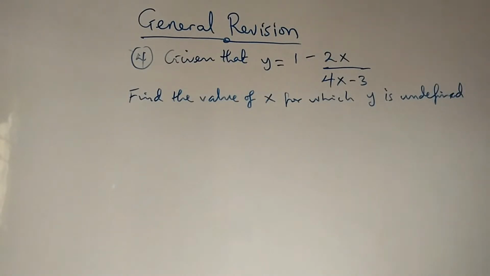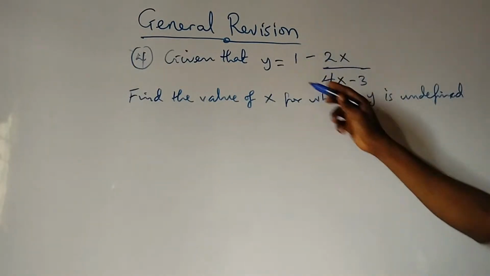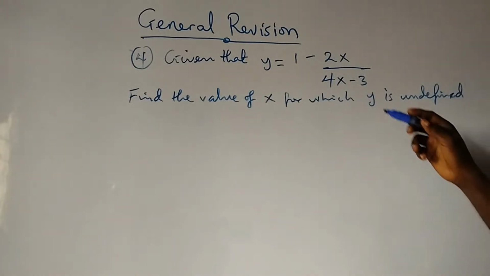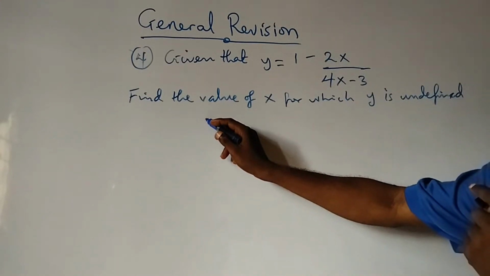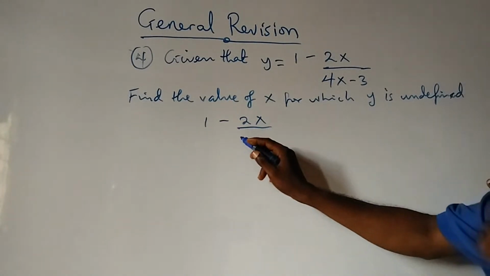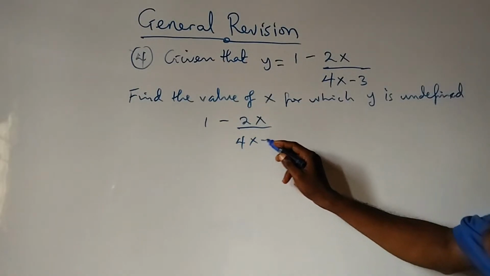Okay, so this is what we have for this particular question. If y will be undefined here, it means this expression of y, after bringing this together as one fraction, because what we have is 1 minus 2x over 4x minus 3.